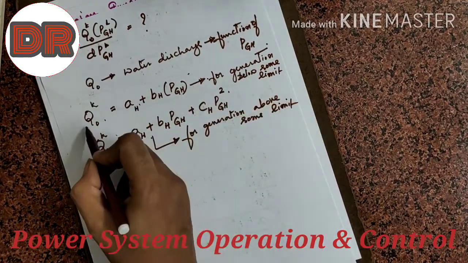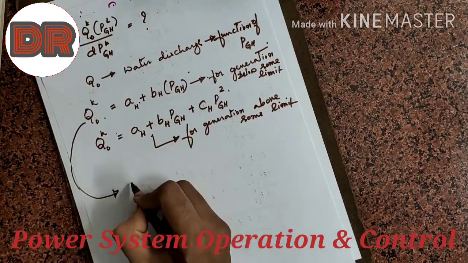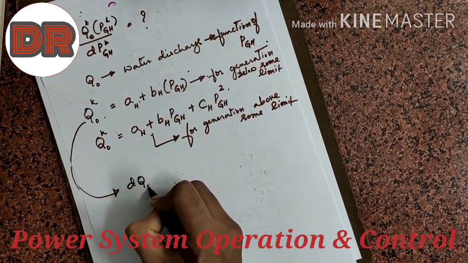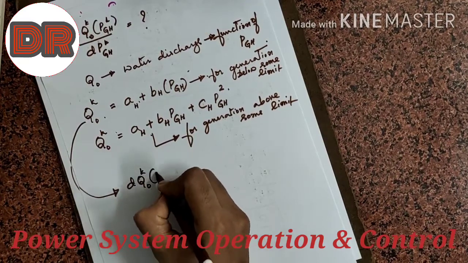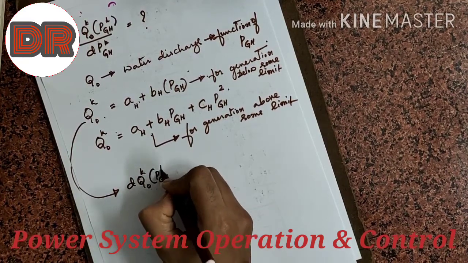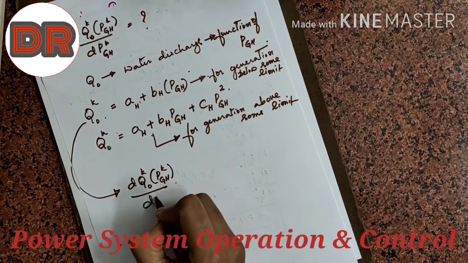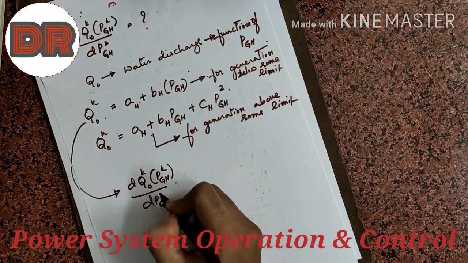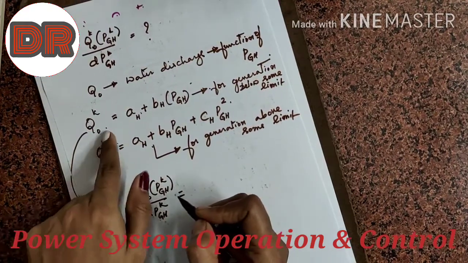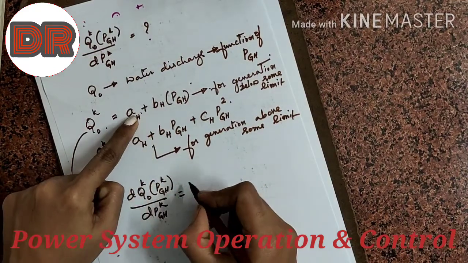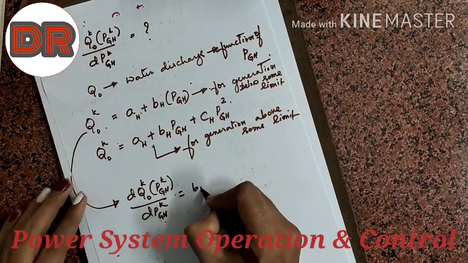If the first equation is used, then the differentiation of Q naught with respect to PGH is, with the first term becoming 0, only BH.